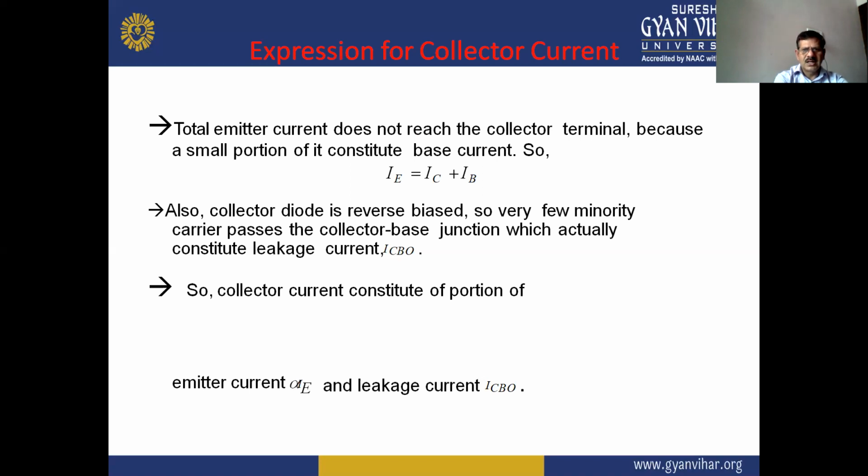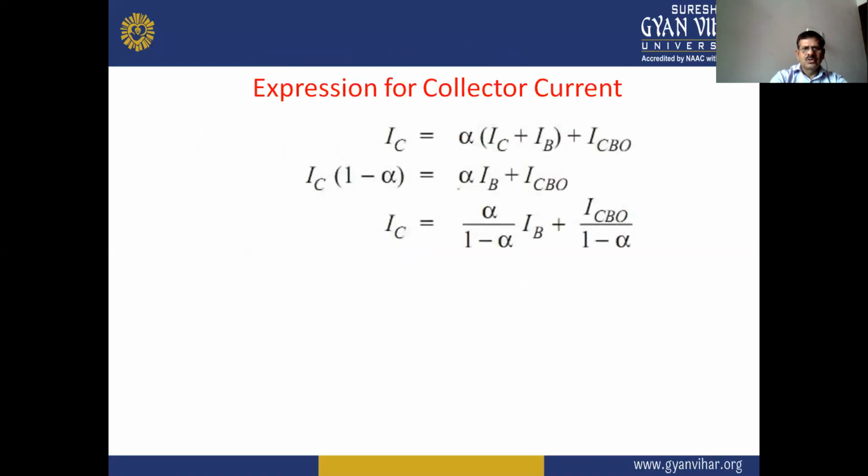So collector current constitutes a portion of emitter current and leakage current ICBO. So IC equals alpha into (IC plus IB) plus ICBO, and we can also express IC in the form of alpha upon 1 minus alpha into IB plus ICBO upon 1 minus alpha.